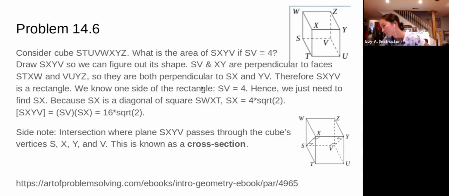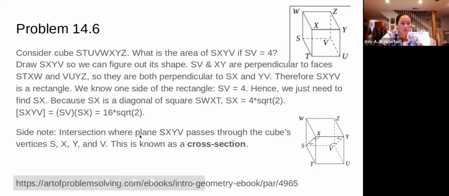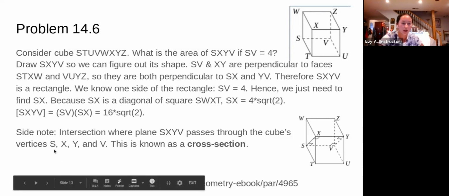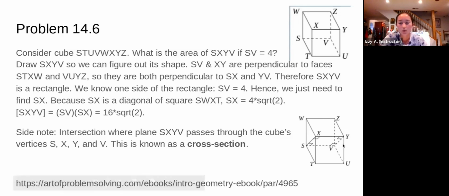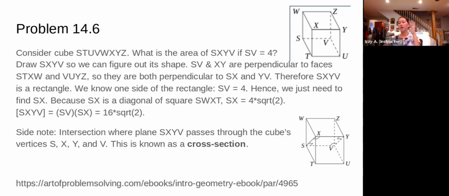Okay, so you just did my work there, so I'll just go over the side note. The intersection where plane SXYV passes through the cube's vertices S, X, Y, and V is known as a cross section. We will deal with cross sections later, but it's when you cut a 3D figure.